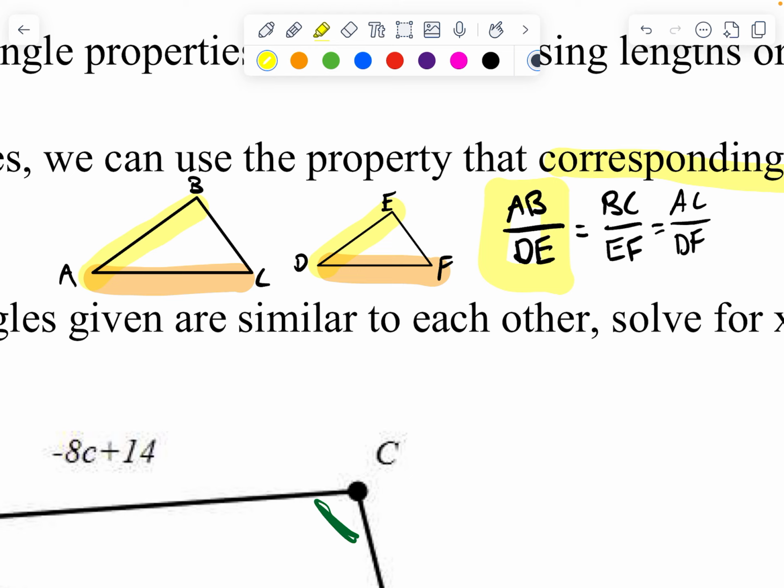So if I'm going left triangle to right, I'll go AB over DE. And likewise, stay consistent, then it would be left triangle AC to the corresponding side DF, which we see right there. And then our last one would be left triangle to right, BC and EF.